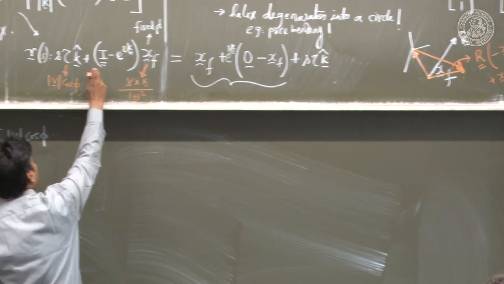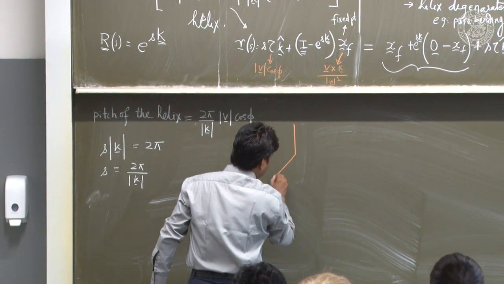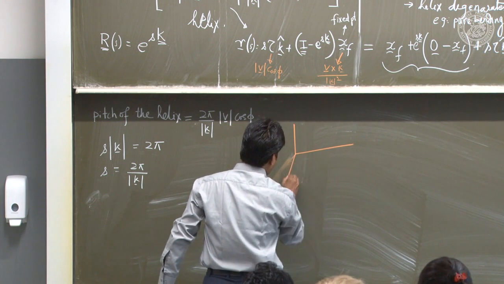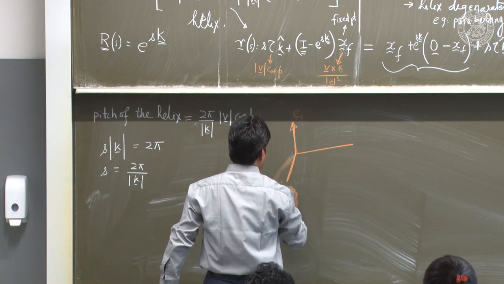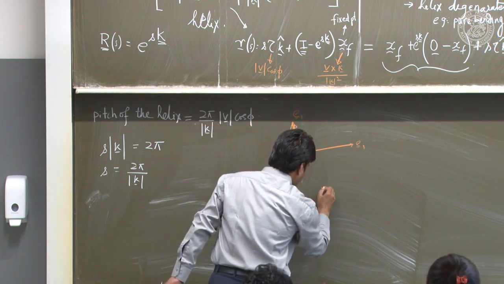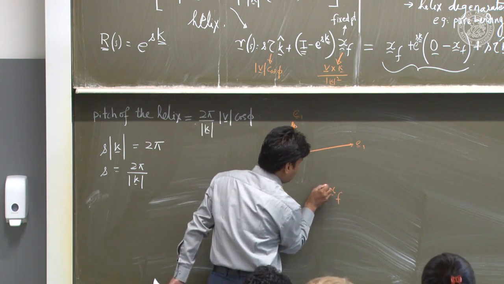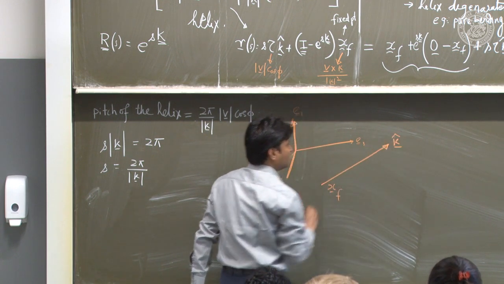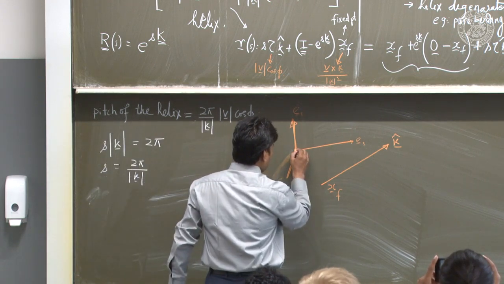If I want to understand this more physically, then you would draw axes, that's your E1, E2, E3, and your little x of f could be somewhere over here, and then your k vector, unit vector k, and that is the origin.